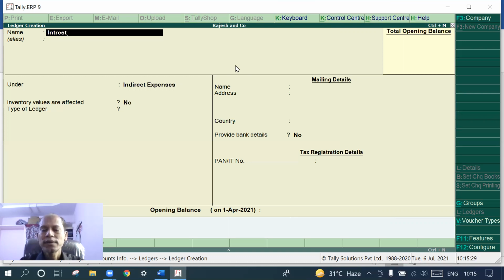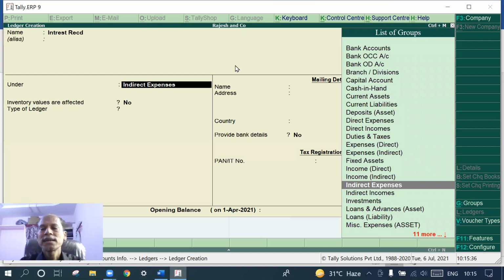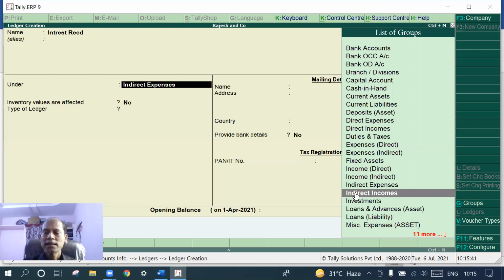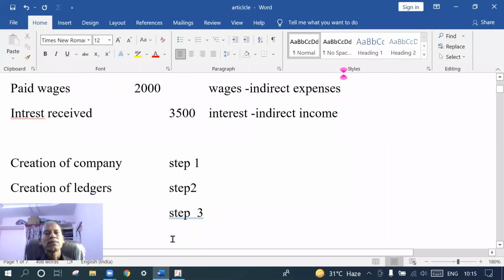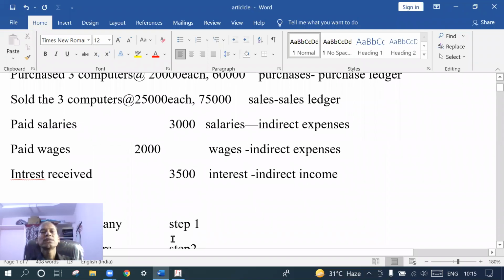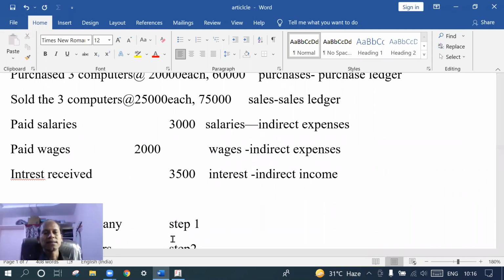Just interest I am putting. Interest received. This is indirect income. See carefully: interest received, indirect income. Are there any others? Wages, interest received. All the ledgers are created now. That's all. Only ledgers are created in the second step.